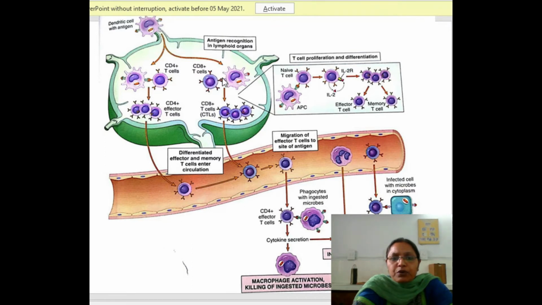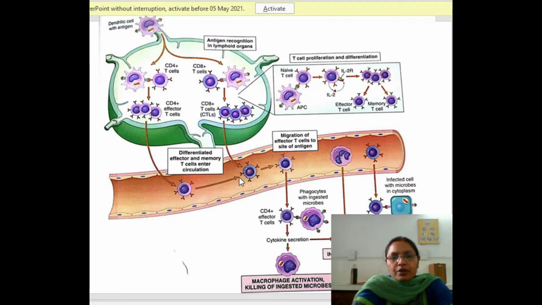At the same time, the CD4 T cells become stimulated, and there is production of CD4 effector T cells. These differentiated effector T cells come into the circulation from the lymph node. Similarly, the macrophages or dendritic cells present the antigen to CD8 T cells with the help of MHC class 1, and there is proliferation of effector CD8 T cells.